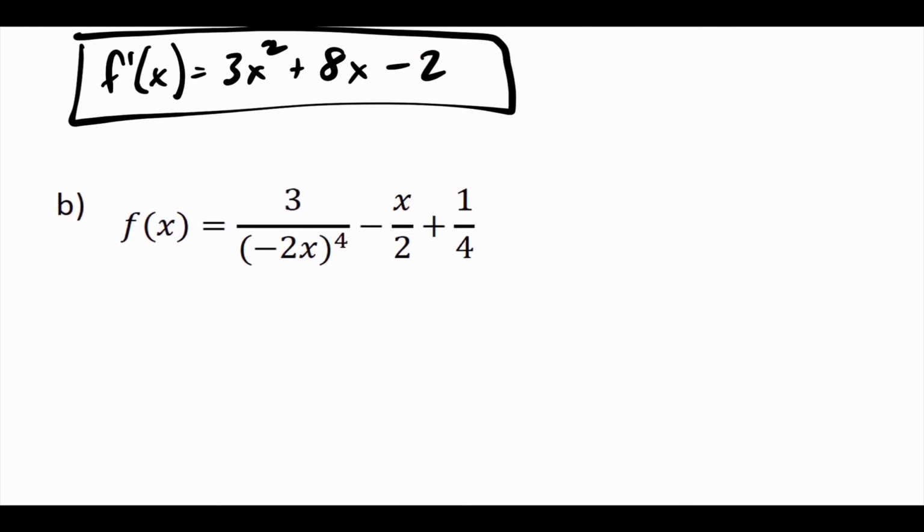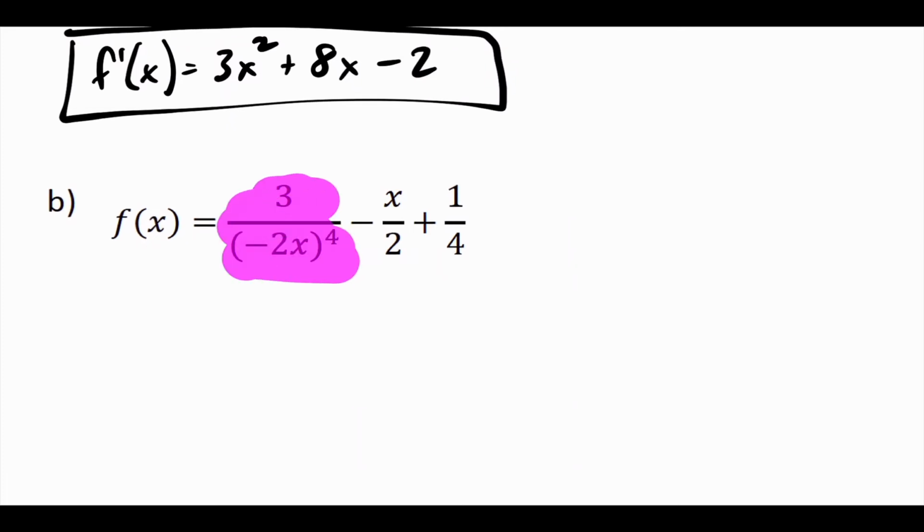Okay. So this one here, I need a coefficient before I start using the power rule. I need a coefficient and I need a power. So let's look at the first part. Let me highlight this so I can. So we got 3 terms. We got that one, that one, and that one. Those are the 3 terms, right?